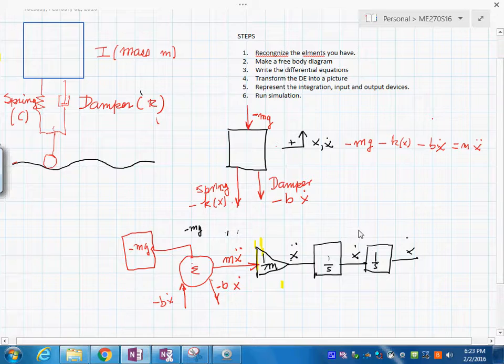So then we have to connect this one to this, and the other one we connected, and this is for k.